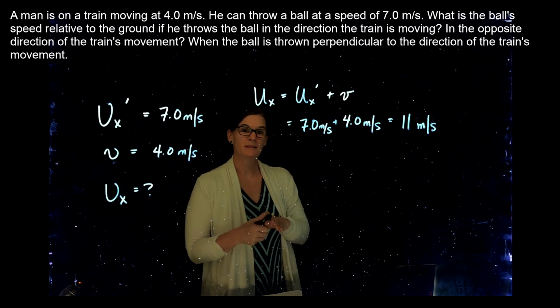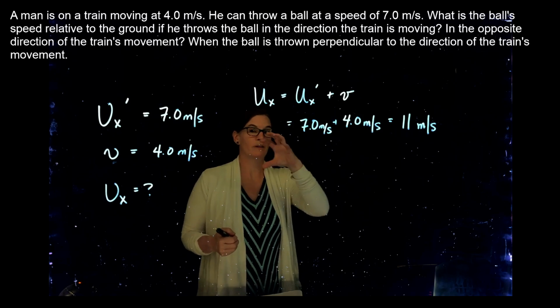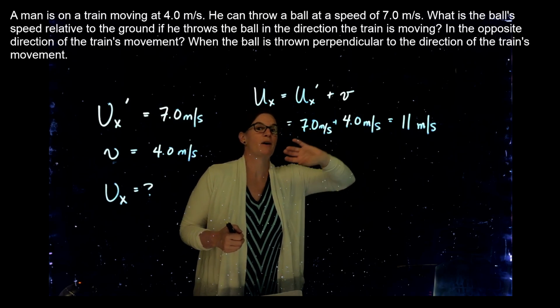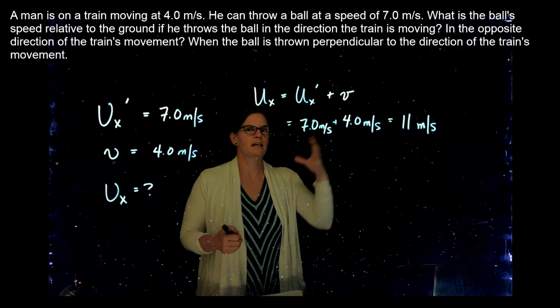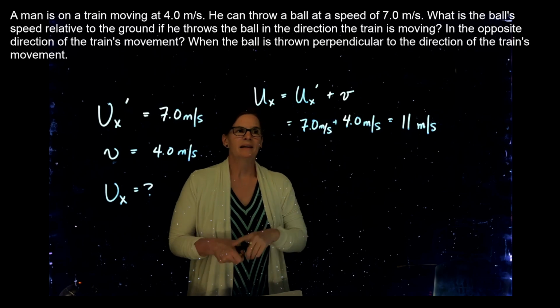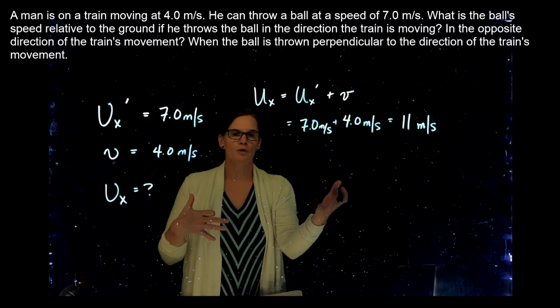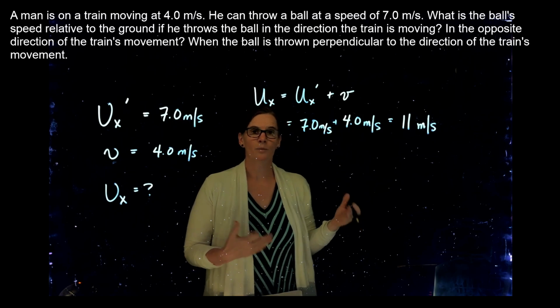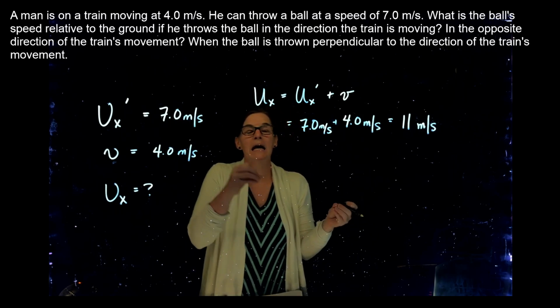And that makes some sense, right? I not only see the train moving at 4 meters per second as it goes by me, but now he throws the ball at 7 meters per second, and I observe that ball at 11 meters per second. Well, the same relationship is true in part B, but in part B, they're moving in opposite directions.